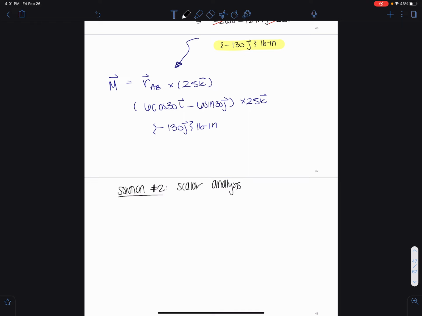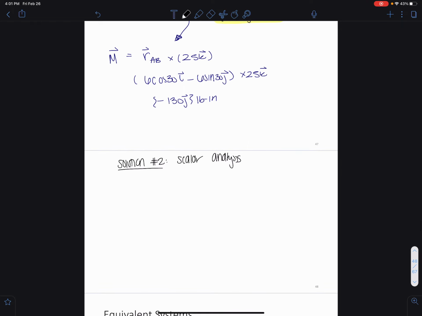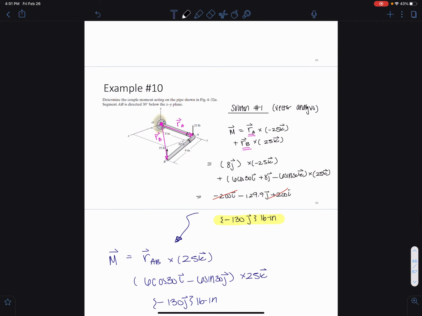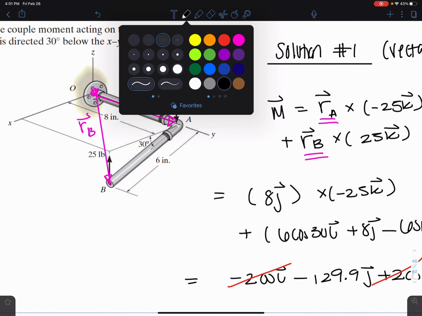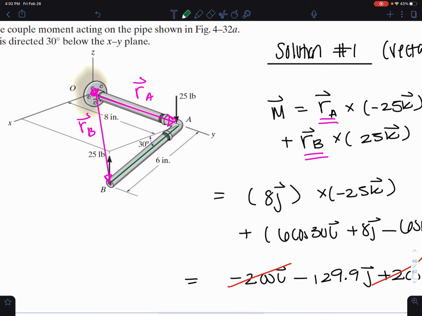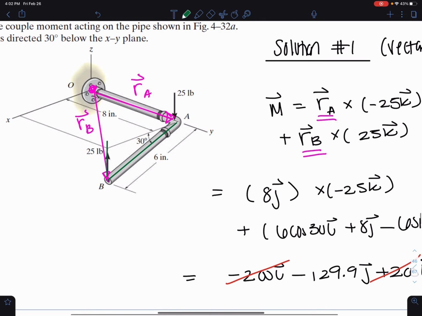Okay. And even though the problem is 3D, it's pretty simply set up to where I can still use M equals FD here because I can see really clearly that my D, the distance between these two, I should probably use a different color here. The distance, this parallel distance between the couple, you see how this here is 6.